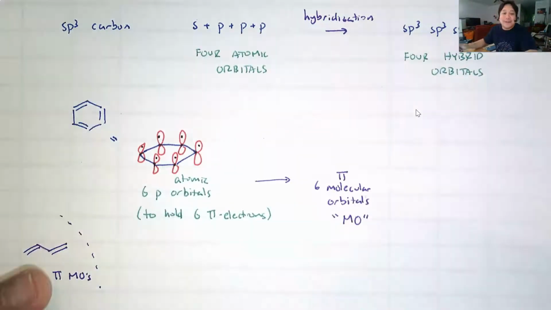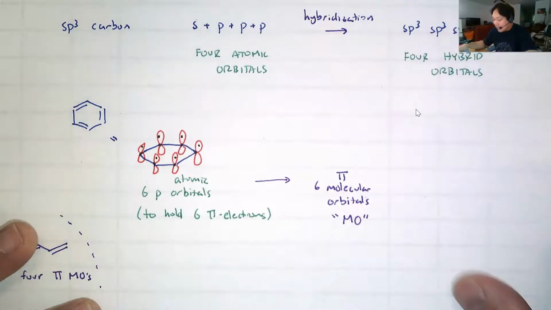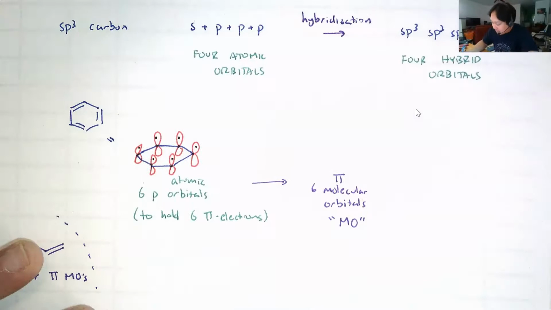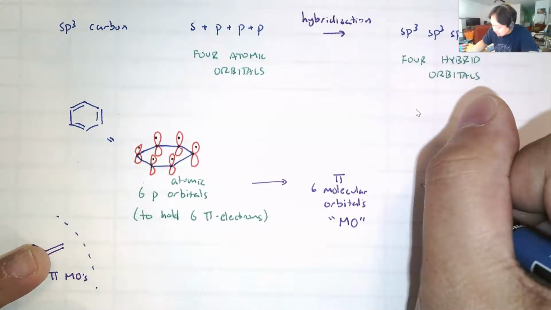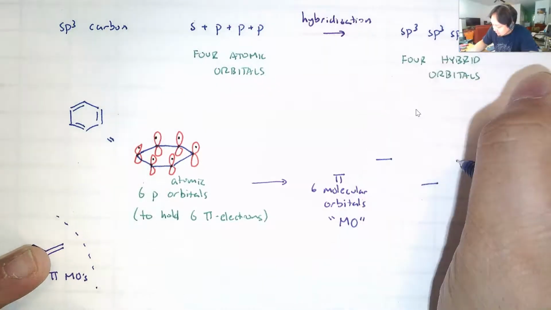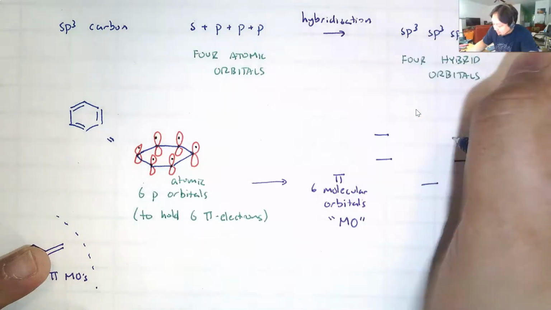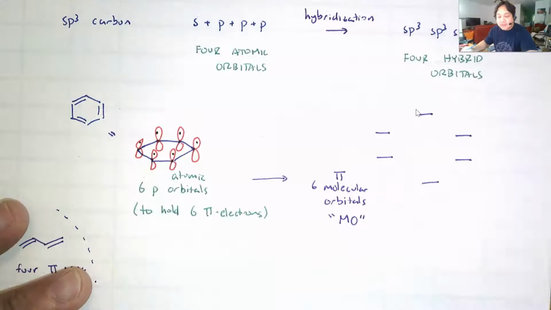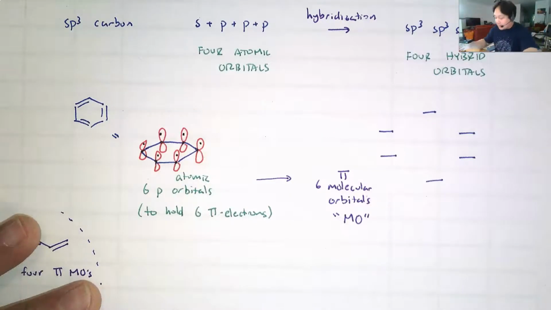All right, so here is the deal. What are the energy levels of those 6 molecular orbitals? They're actually arranged like this. Scientists have figured this out mathematically and backed it up with experiments, and your MOs look like that, and they're labeled.